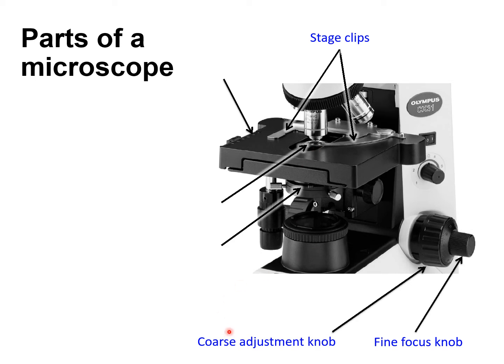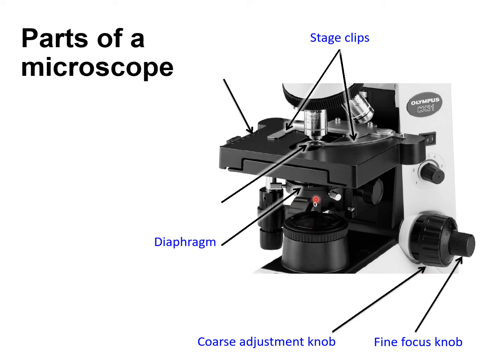Okay, so the coarse adjustment knob is to be used only with the scanning, the 4x, and the low power, the 10x. Never use the coarse adjustment knob with your high power, the 40x lens, or the 100x, which is the oil immersion lens. Never, again, use the coarse knob with the high power or the oil immersion lenses.